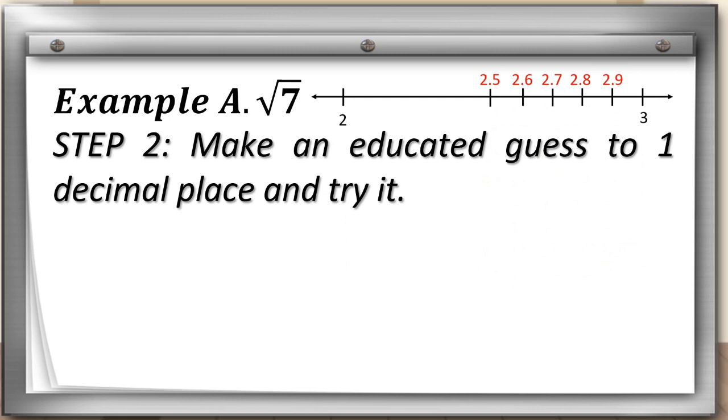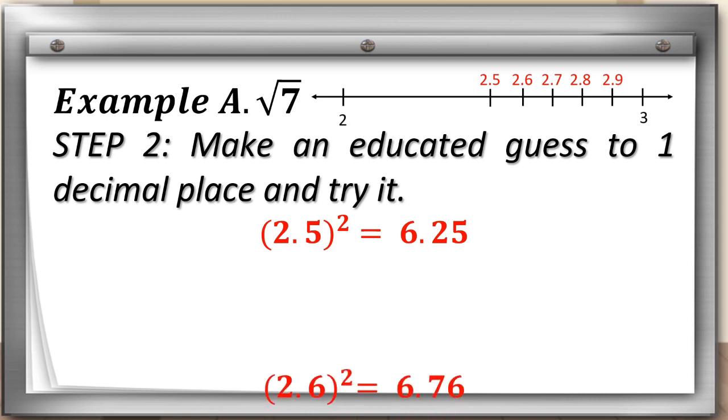Note that squaring 2.1, 2.2, 2.3, 2.4 ay hindi na kailangan kasi malayo na ito sa 3. Kaya magsisimula tayo sa 2.5 squared, which is 6.25.